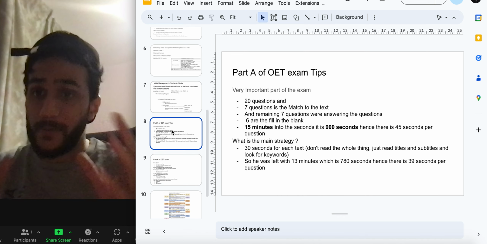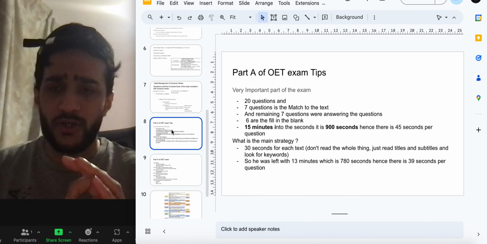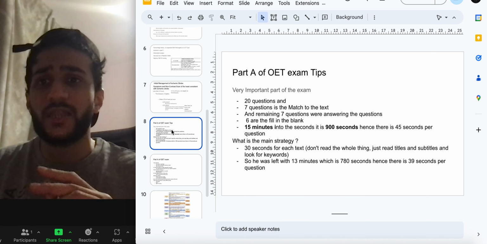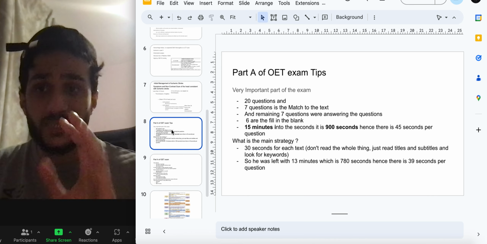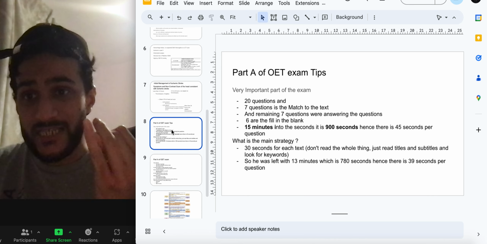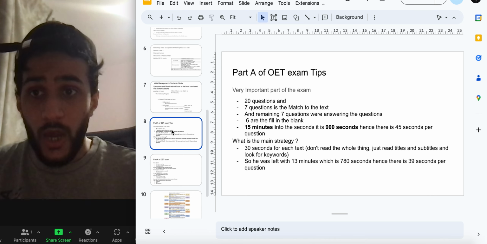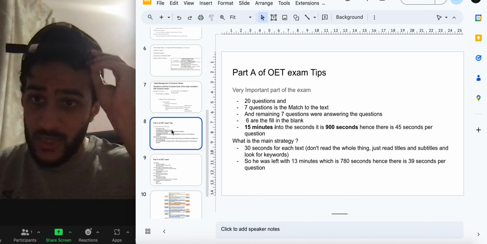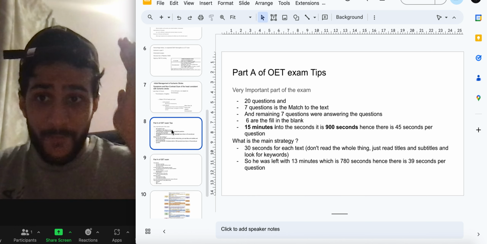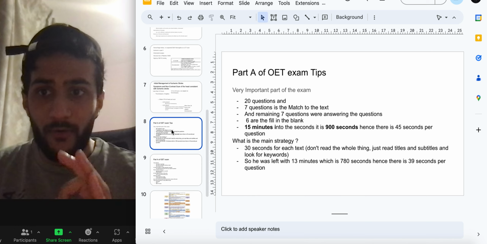Sometimes I've seen symptoms or complications in text A, but it's usually the introduction. Text B is usually risk factors or symptoms. Text C is usually diagnosis, and text D, the last text, is usually any sort of complications. This is going to be the key.